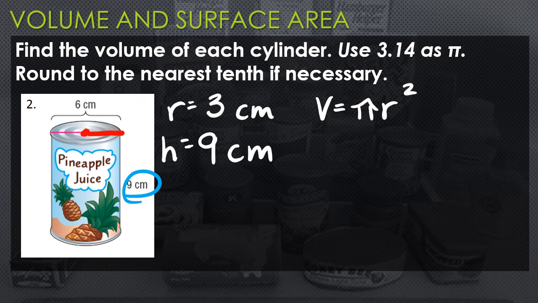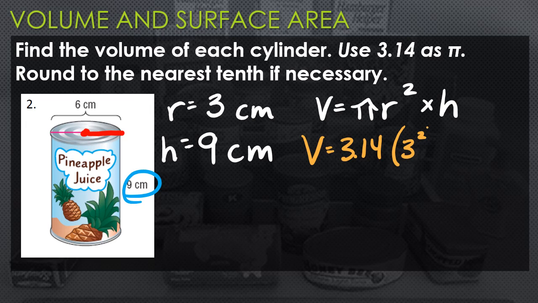So pi times radius squared times height. Let's do this now. Volume equals 3.14, and we're going to do our radius squared, so 3 to the second power, times 9. Order of operations tells us we're going to do the exponent first. Common mistake: some people are doing 3 times 2 is 6. That is wrong. You want to do 3 times 3 to give us 9.